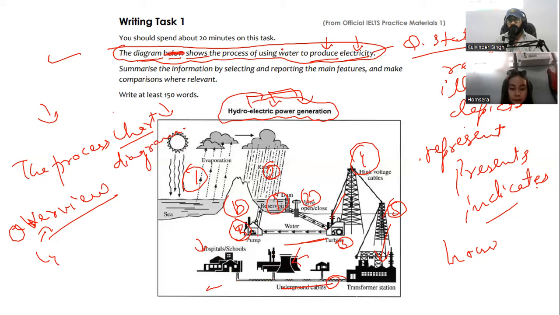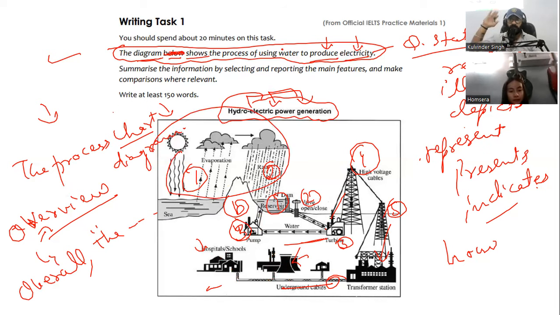So it's entirely a 4 to 5 stage process or a 6 to 7 stage process. So we start our overview as "Overall." The process consists of 5, 6, whatever you feel like. If you feel it's 7 stages, you want to give these also as stages, you can give it. I don't have any issues with that.